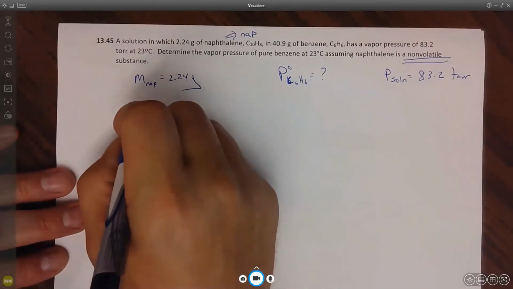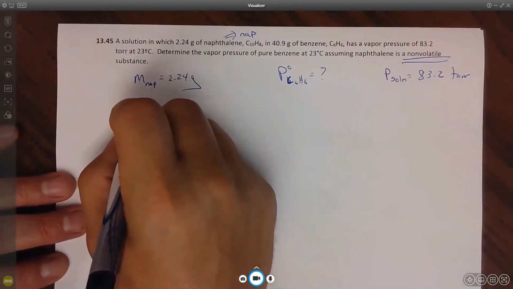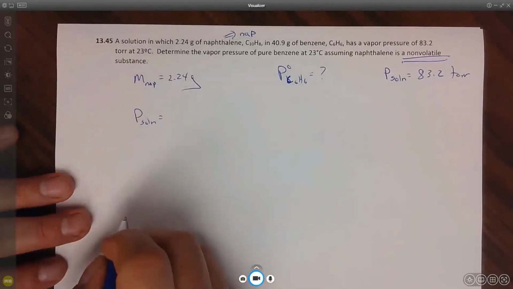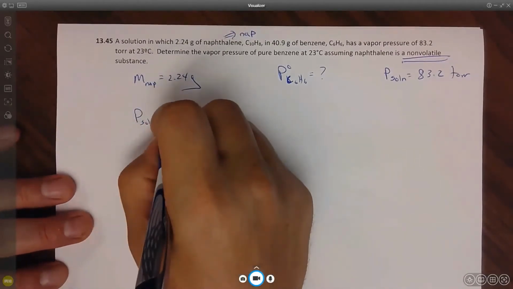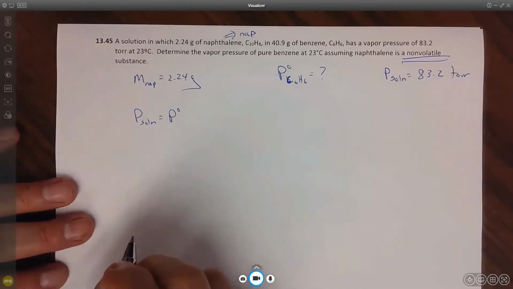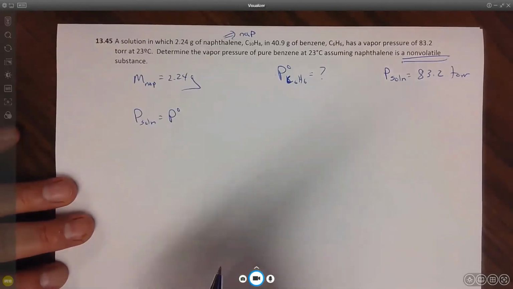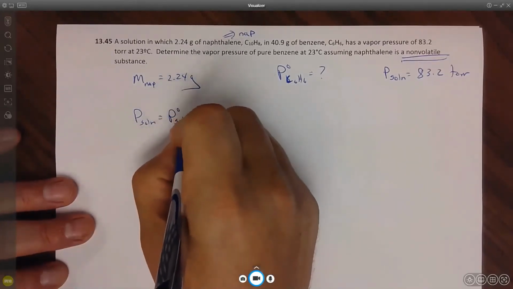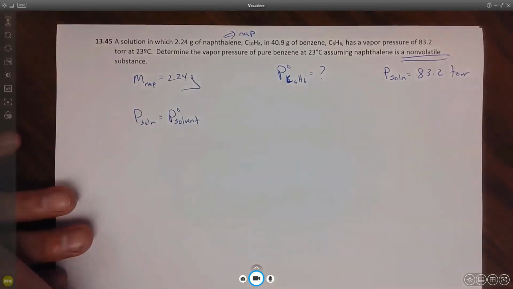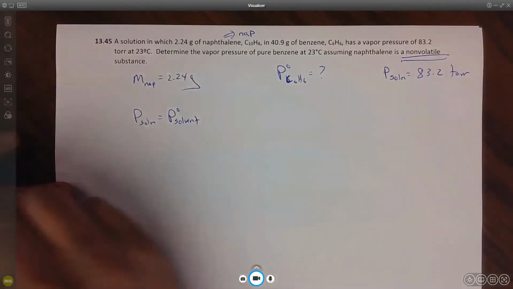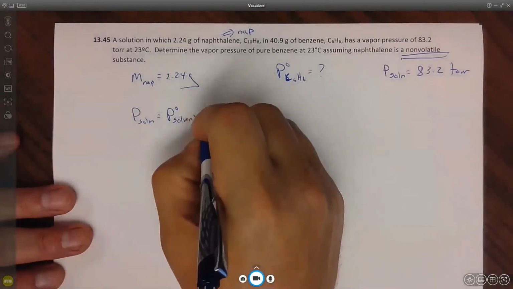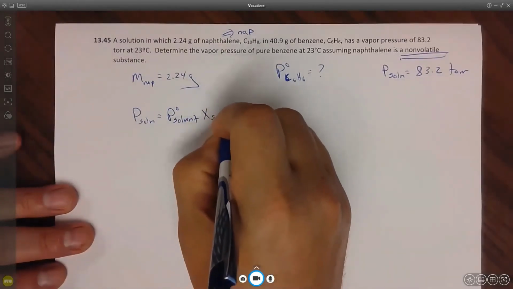Well, the partial pressure of the solution is equal to the vapor pressure of the pure version of C6H6 times the mole fraction of the solvent. So that is the solvent, right? Let me make this a little bit more specific.